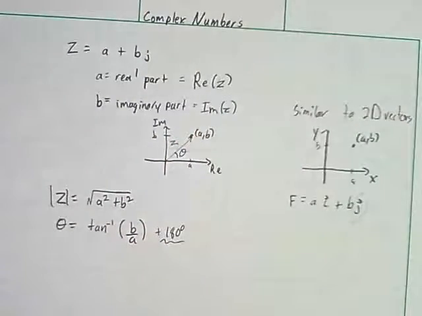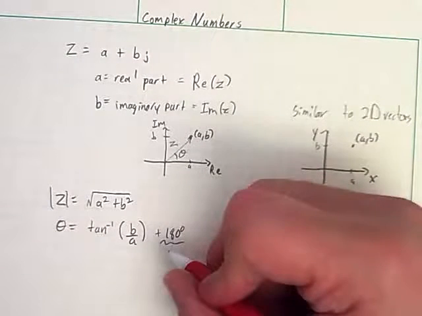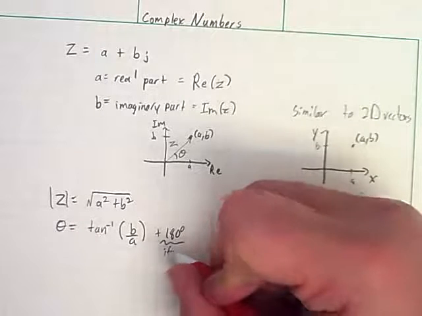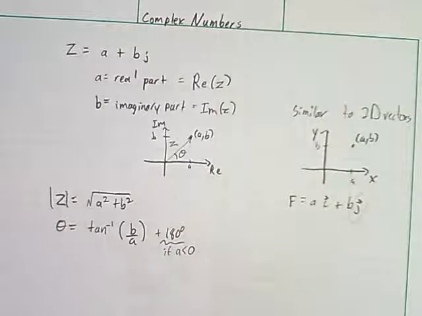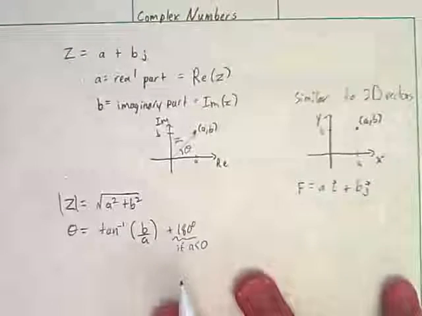If we're in the second or third quadrant, sometimes we have to add. Generally, where that would be true is if A is less than 0. Okay, so that's just some general stuff about complex numbers, and we will get into our example shortly.